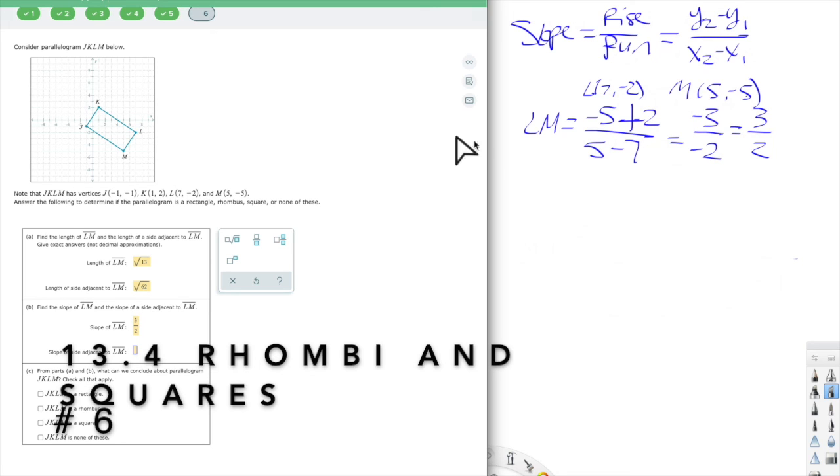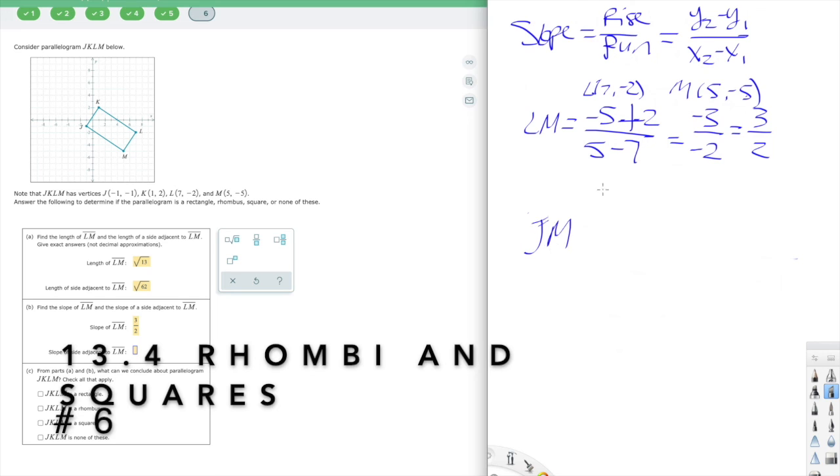All right, and then it says a side adjacent to LM. So let's go ahead and stick with JM here. Why not? So J is -1, -1. M was 5, -5, like that. All right, so now we're going to have y minus y over x minus x. So I'm going to have plus and plus, so I end up with -4 over +6.